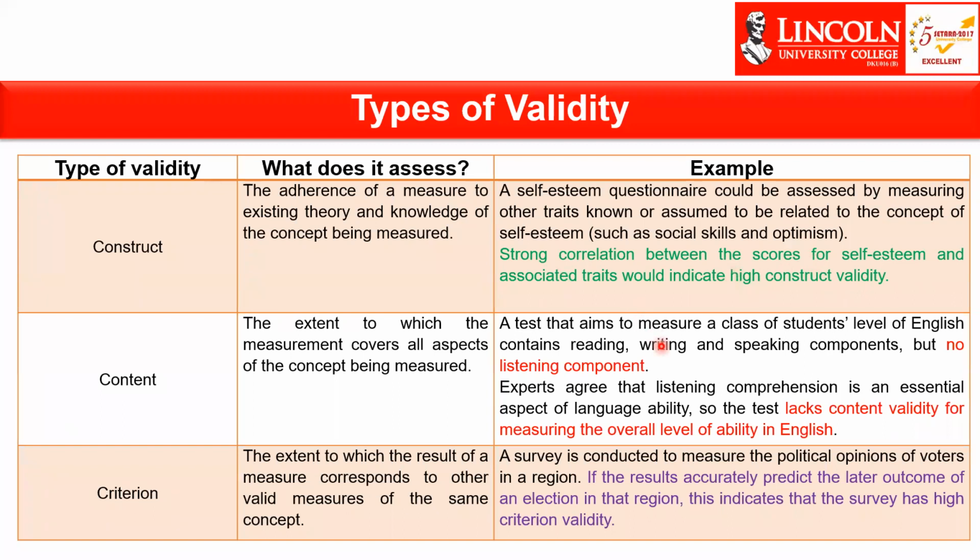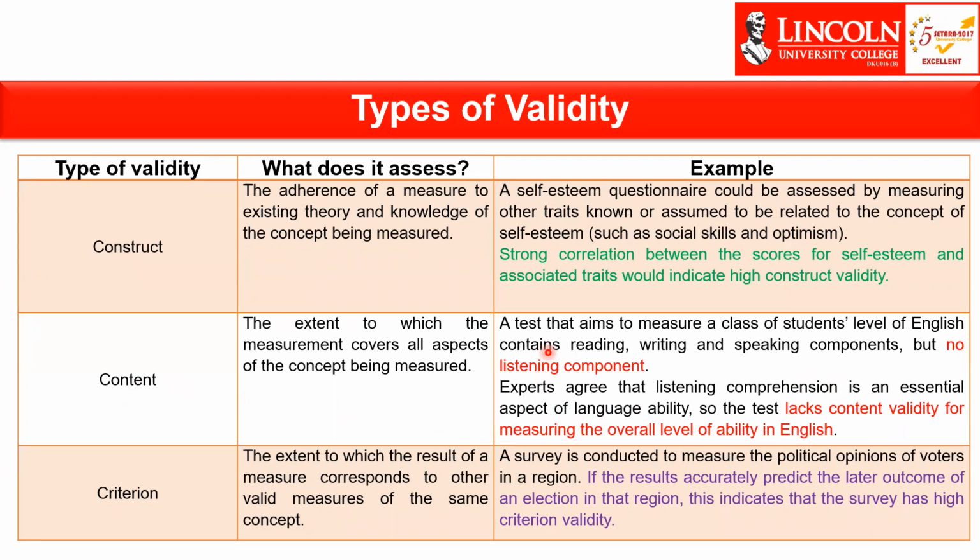Now, the second type is content. And what does content do? The extent to which the measurement covers all aspects of the concept being measured. For example, a test that aims to measure a class of students' level of English contains reading, writing, and speaking components, but no listening component. Experts agree that listening comprehension is an essential aspect of language ability.